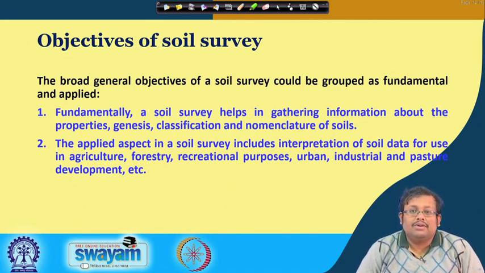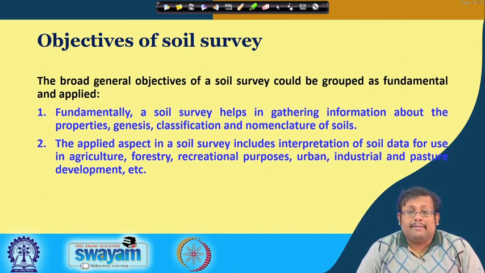For example, if you want to name the soil of the New Delhi area, we need to do a soil survey, and then we need to properly identify the soil properties. Then we have to give them a particular name which will be used for indicating the soil of that area.